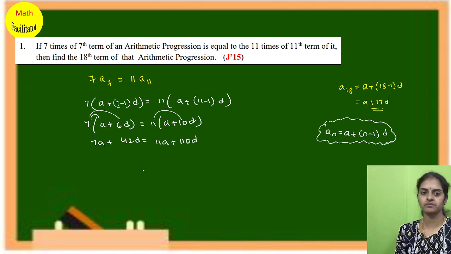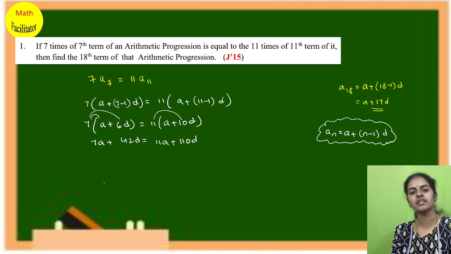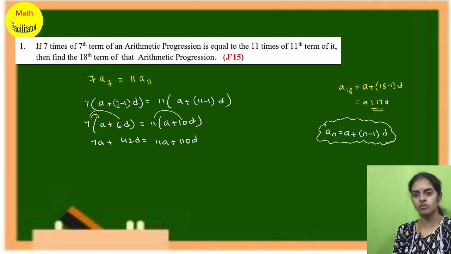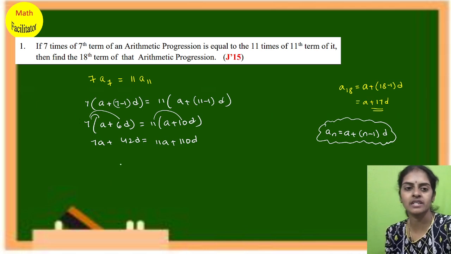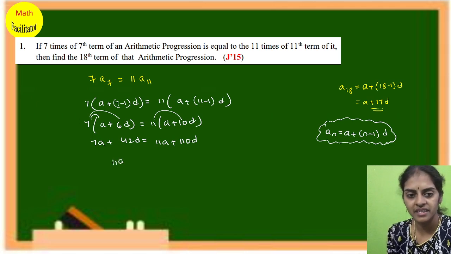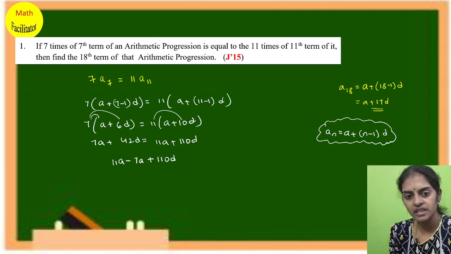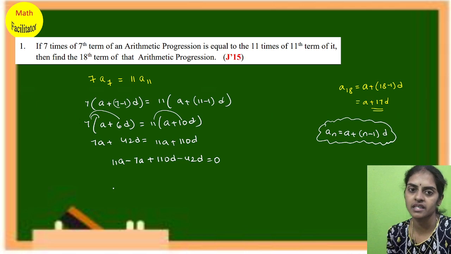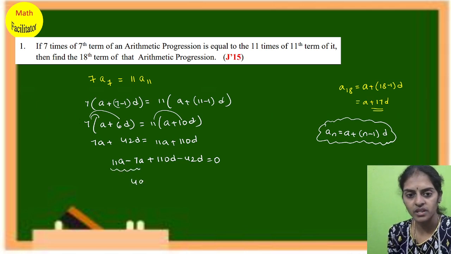110d. Take all terms to one side. So what will you have? 11a minus 7a plus 110d minus 42d equals 0. 11a minus 7a is 4a, plus 110d minus 42d.